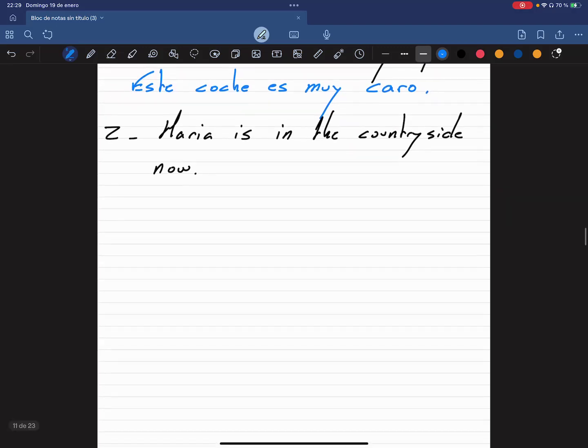And for locations, we always use the verb estar. So we would say something like María está en el, how do we say countryside? We say campo. And now, ahora. María está en el campo ahora. Maria is in the countryside now.